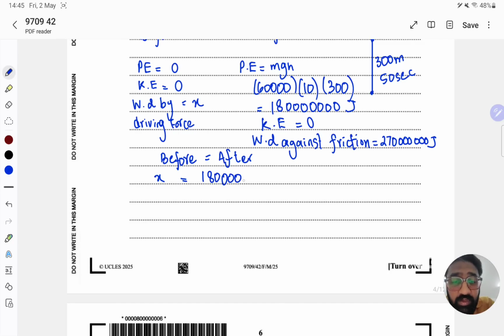zeros, 1 2 3 4 5 6 and 7, and similarly 270,000.